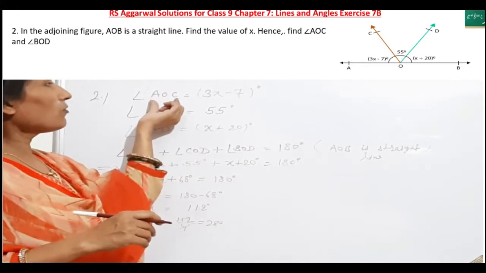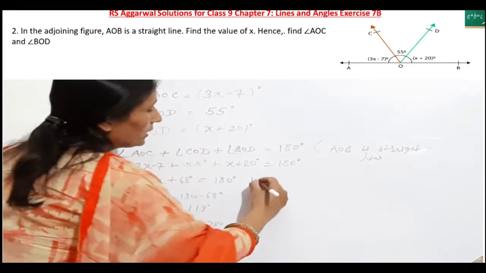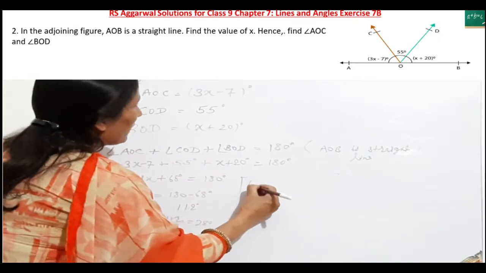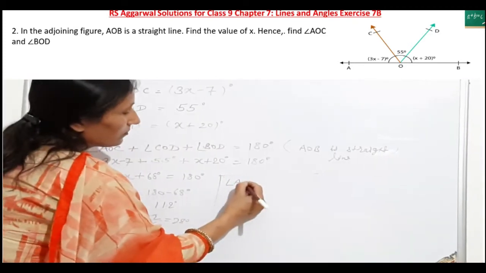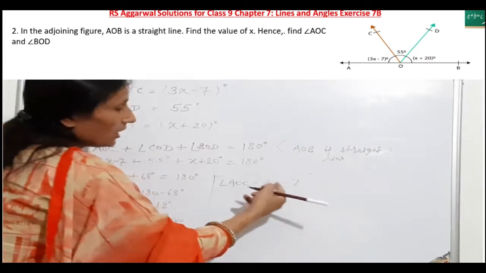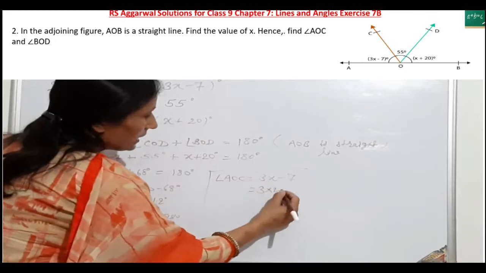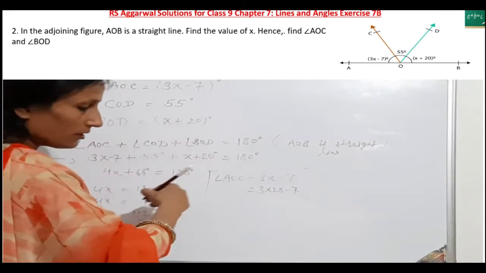Now we will find out the value of angle AOC, and then we will find angle BOD. So here angle AOC is equal to 3x minus 7. Now put the value of x here. 3 into 28 minus 7.